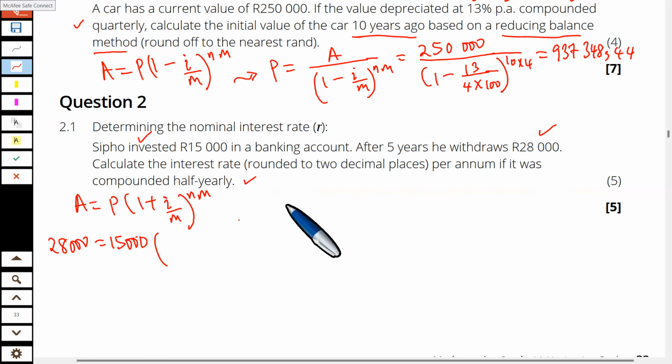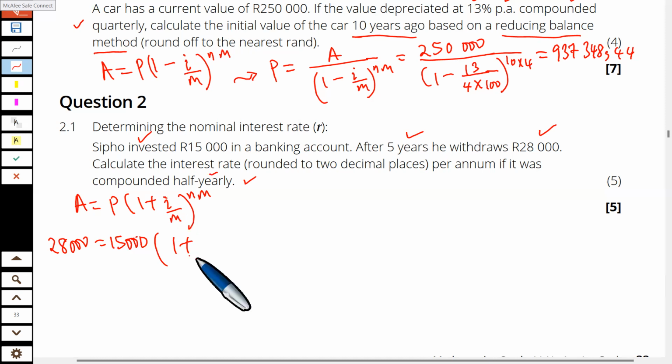He withdraws that in a certain number of years, 5 years. Then 1 plus the interest rate, that's what they want. I prefer to use this formula because it's half yearly, or quarterly, etc.